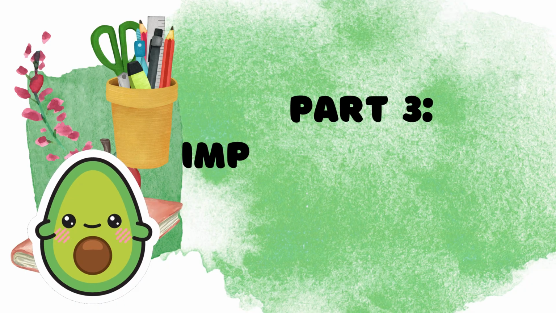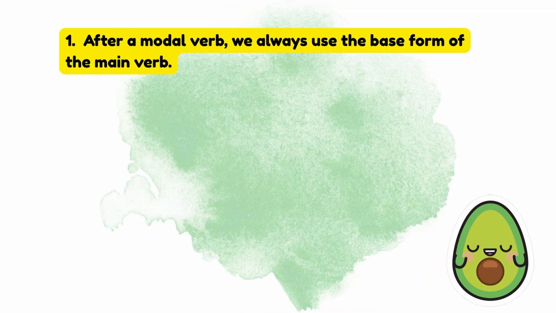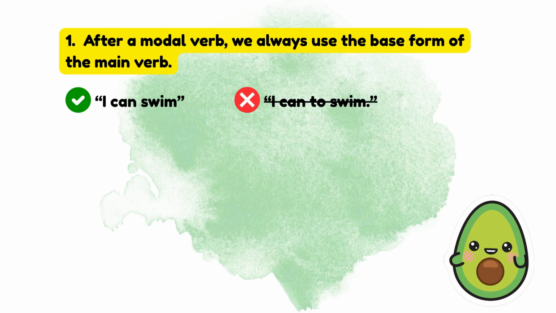Part 3. Important rules. Now remember a few simple rules. After a modal verb, we always use the base form of the main verb. We say, I can swim. Not, I can to swim.